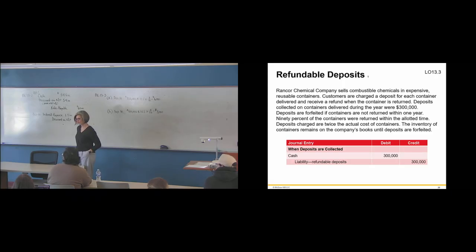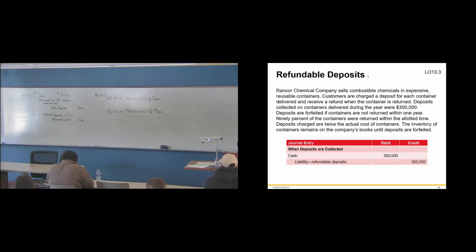What does that mean? Or why do you think they charge twice the cost of the container? Yeah, so they can make a profit if you don't return yours. I mean, that's kind of smart, right? We have to have a little bit of a side gig here going on.